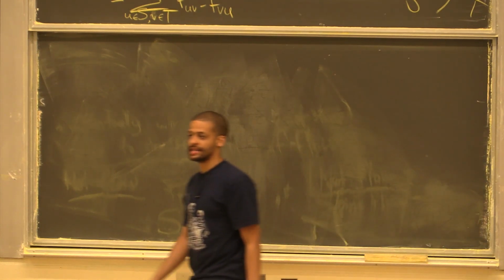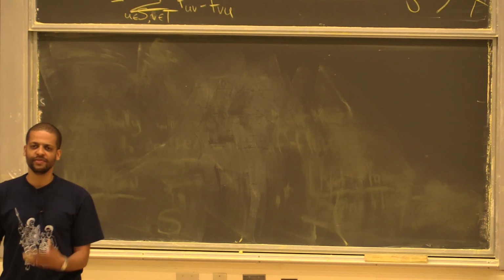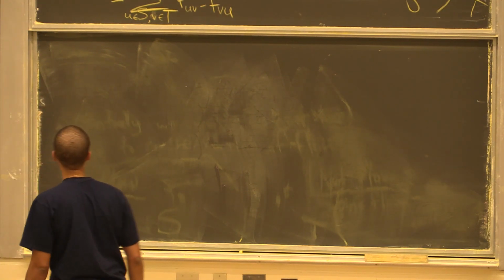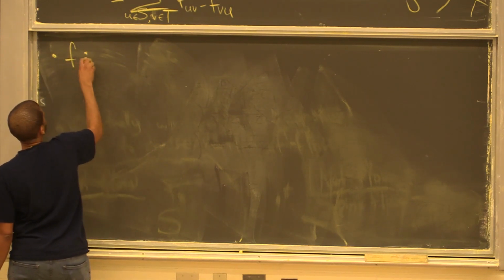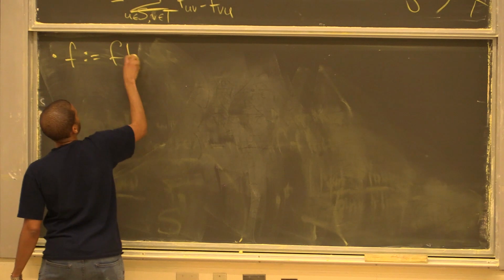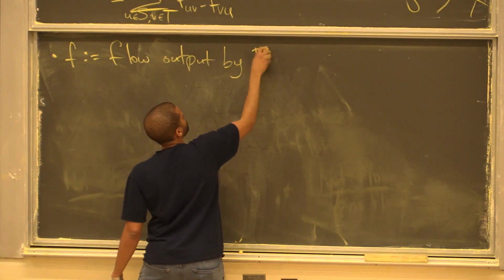So let me just define them, and then I'll draw a picture to remind ourselves of what Ford-Fulkerson was doing. I'll define F to be the flow output by the Ford-Fulkerson algorithm.